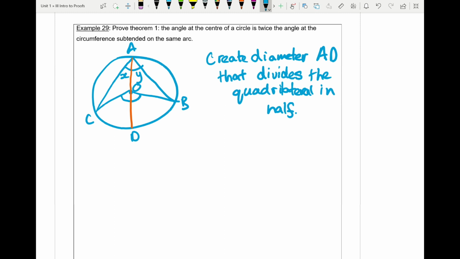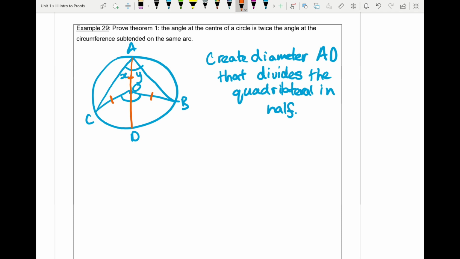So we've divided this quadrilateral. We can see that this line here, CO, and this line here, BO, must be the same because they are radii. And we can see that A to O is also the same because it is also a radius. So what this gives us is two isosceles triangles.